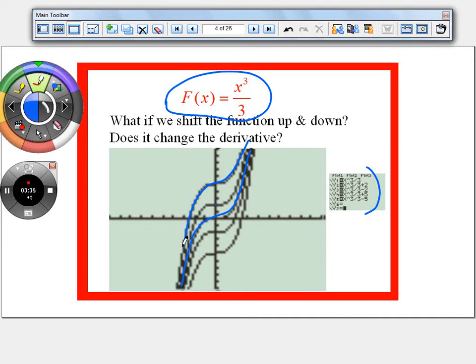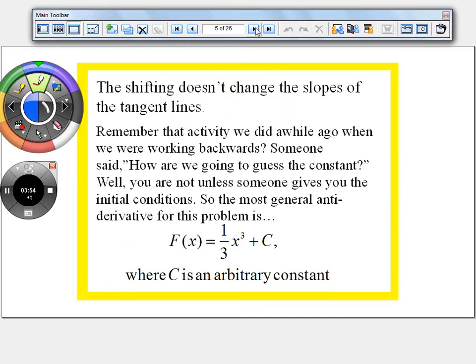But you remember when we take the derivative of this, if I had a plus 5 or something, wouldn't we just lose the constant anyways? So it wouldn't really affect anything. And so whenever we're finding derivatives, the whole shifting doesn't really change anything.